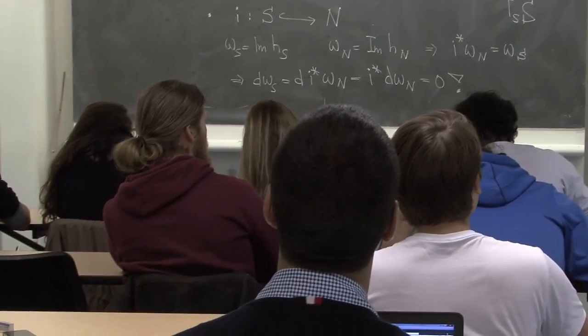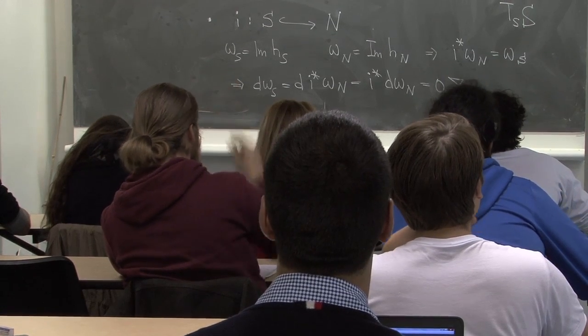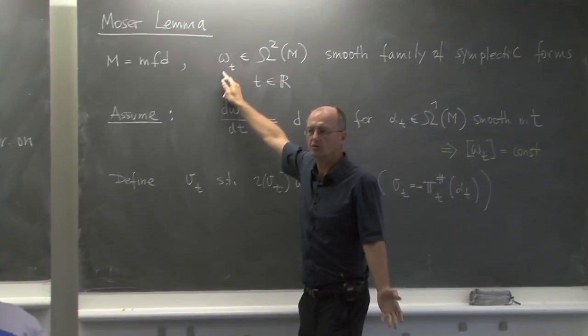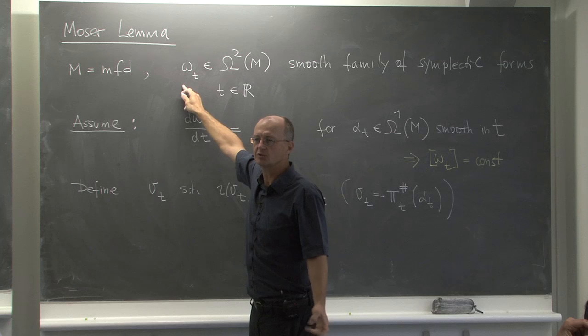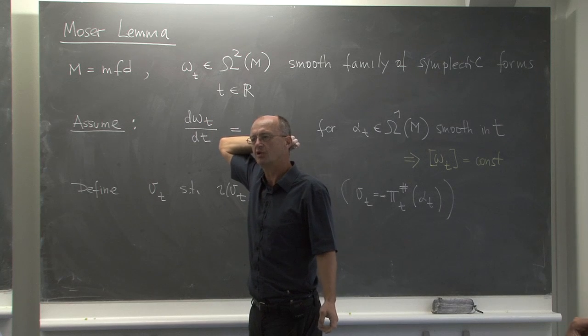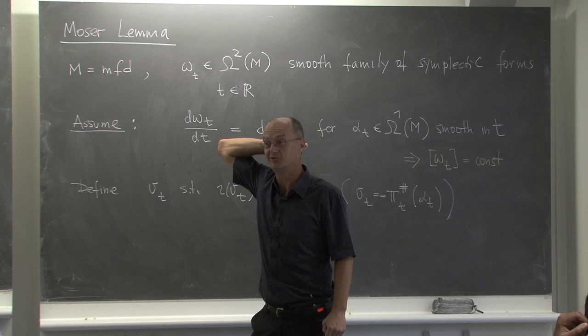Maybe it's a stupid question, but how do you define the derivative of omega t in t? Well, I assume that this is right. I have a smooth family, and it is just the ordinary formula for the derivative.